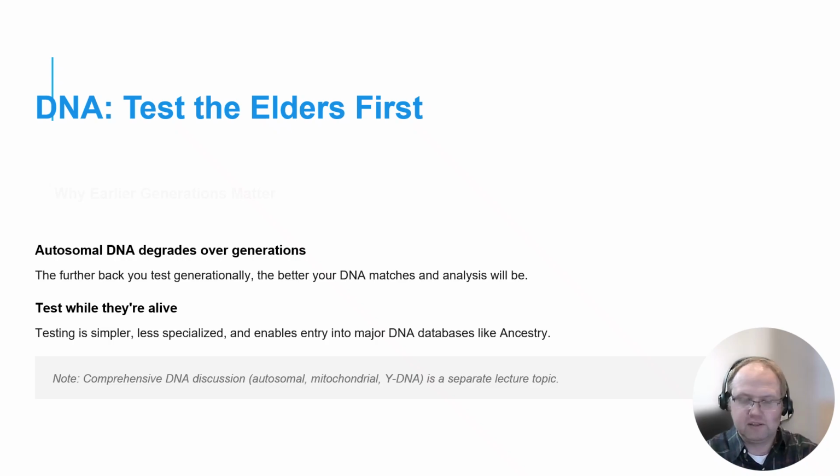Like if I have my grandfather tested, I only have 25% of the DNA that my grandfather has. But for any of his ancestors, those percentages really start to become important.